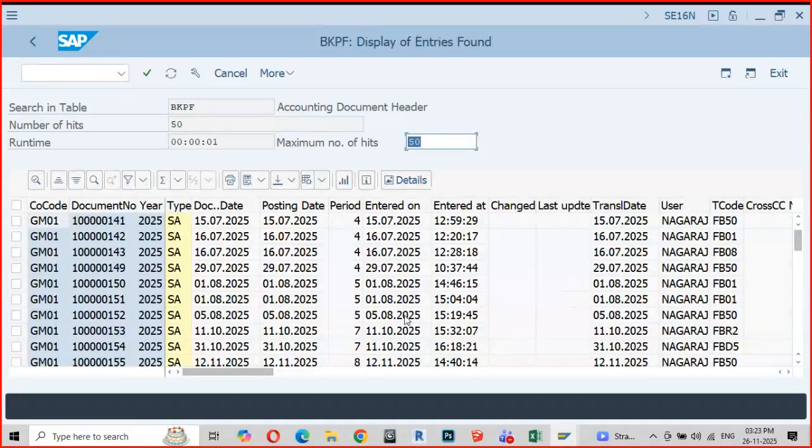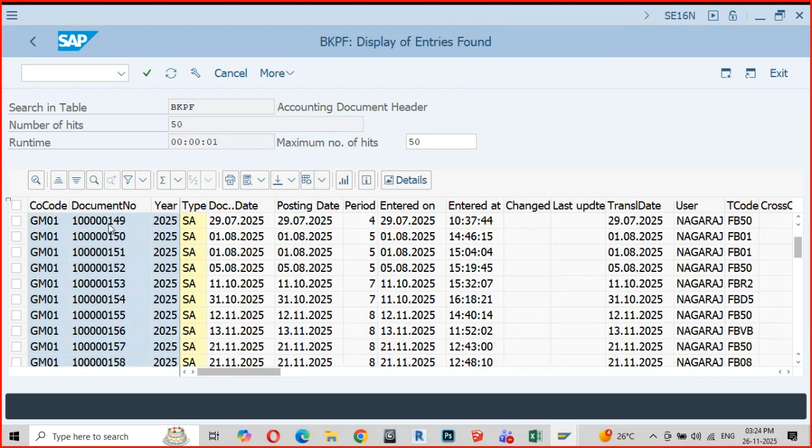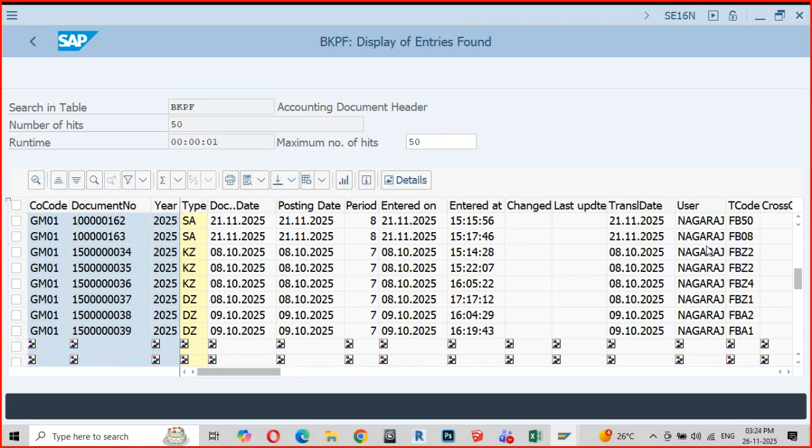Can you see the document? We have the document 140 and only one item, entered by me.